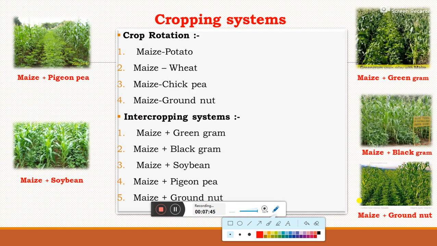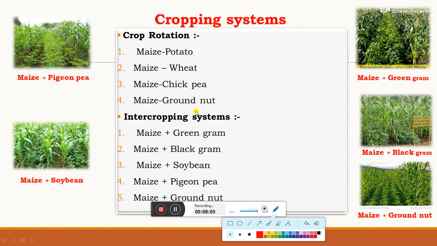Next one, the cropping systems, especially in the maize, which is a non-legume or comes in the cereal group, which will be grown as a previous crop. Then after harvesting of this maize, in Rabi, crops like potato, wheat, then chickpea, groundnut crops will also be suitable.